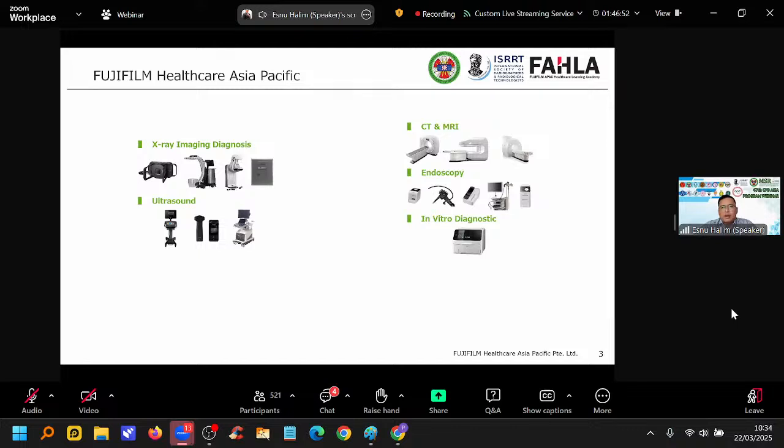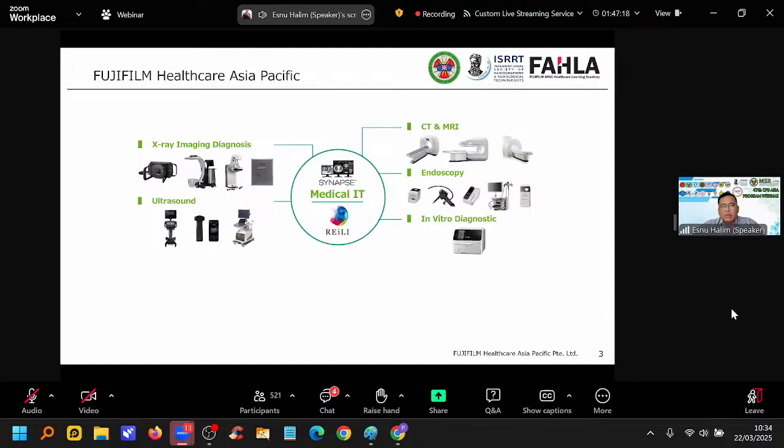IVD, in vitro dry chem solution, and endoscopy. And in 2022, we expanded our portfolio with the acquisition of CT, MR and ultrasound business units, so we have a comprehensive workflow to offer. We are also one of the leaders in medical IT, with our Synapse.